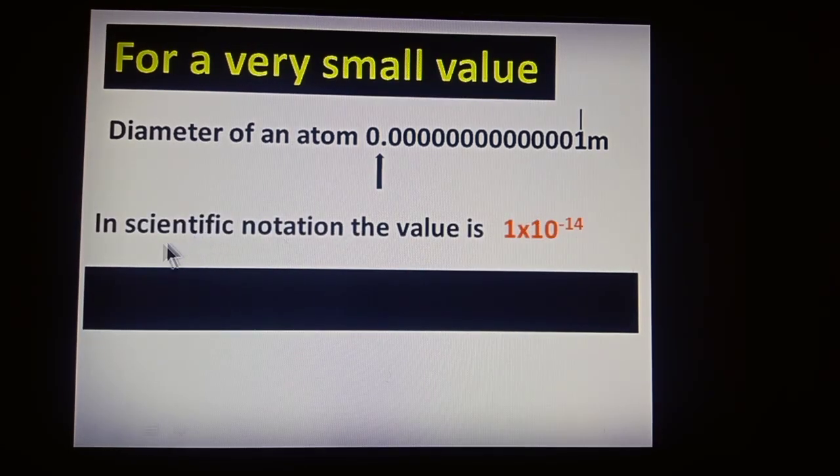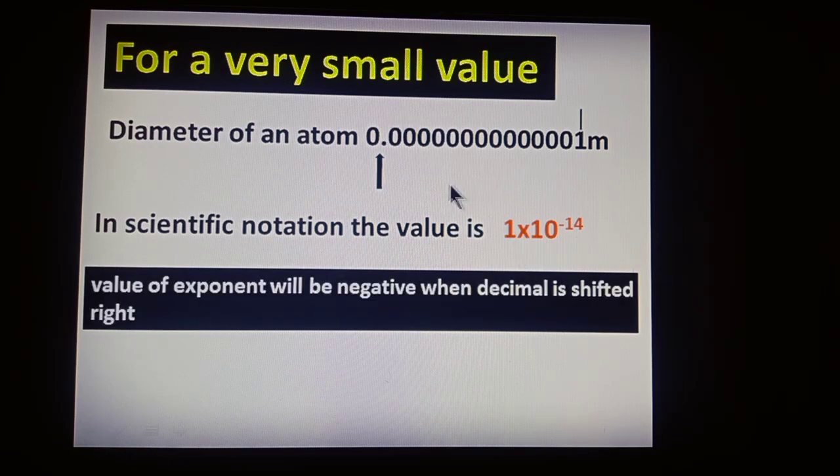Then in scientific notation, the value will be 1 multiplied by 10 raised to the power minus 14. The sign is negative because the decimal is shifted to the right. Now remember these two points. If the decimal is shifted to the left, the value of the exponent will be positive. If the decimal is shifted towards the right, the value of the exponent will be negative.